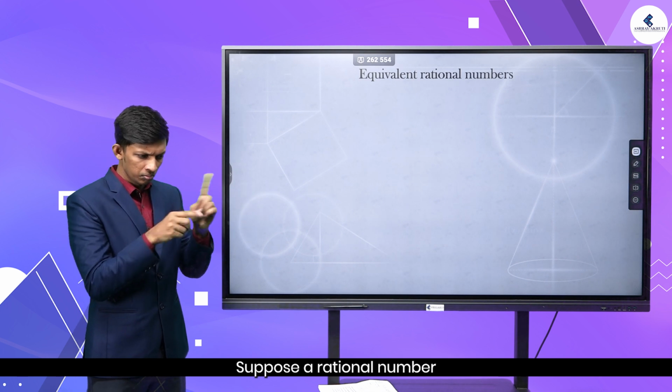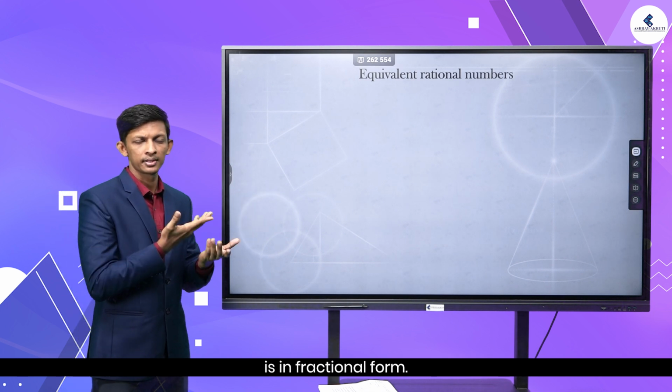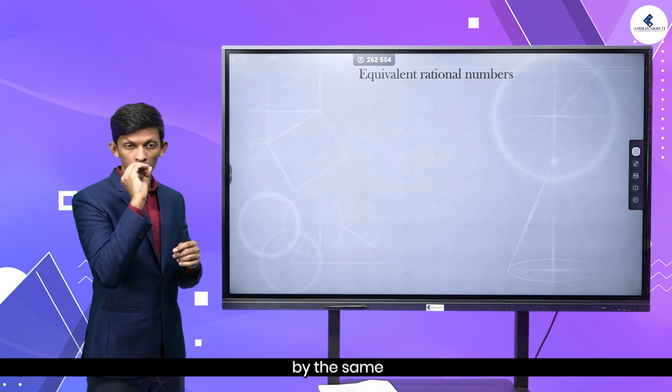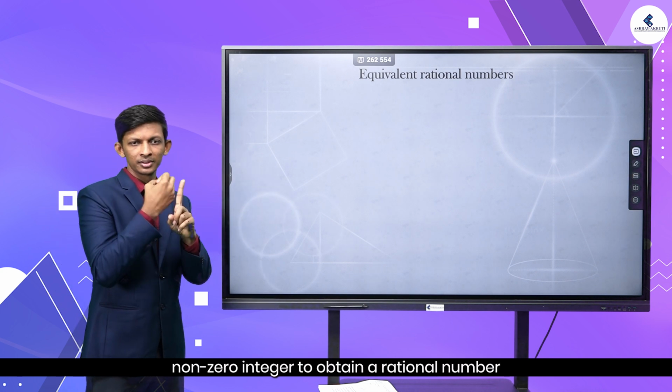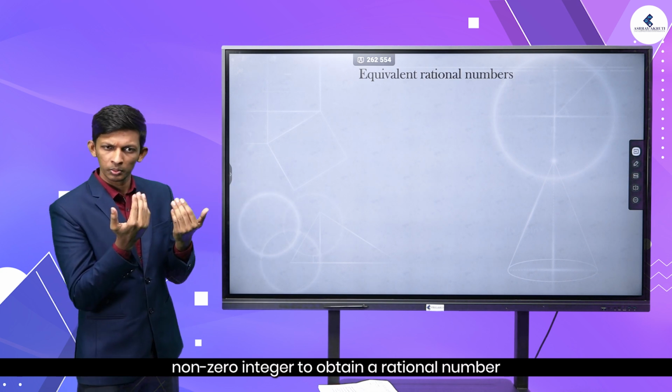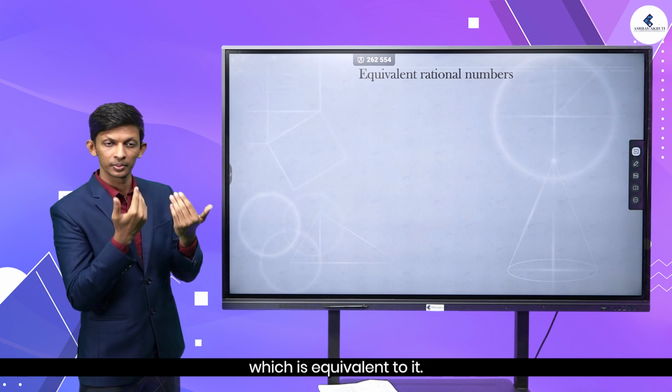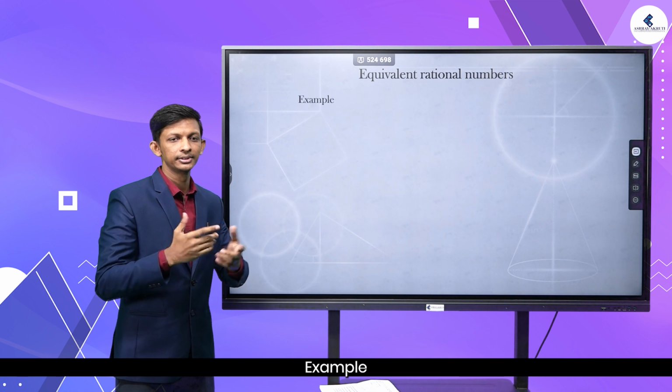Suppose a rational number is in fractional form. Multiply its numerator and denominator by the same non-zero integer to obtain a rational number which is equivalent to it. Example.